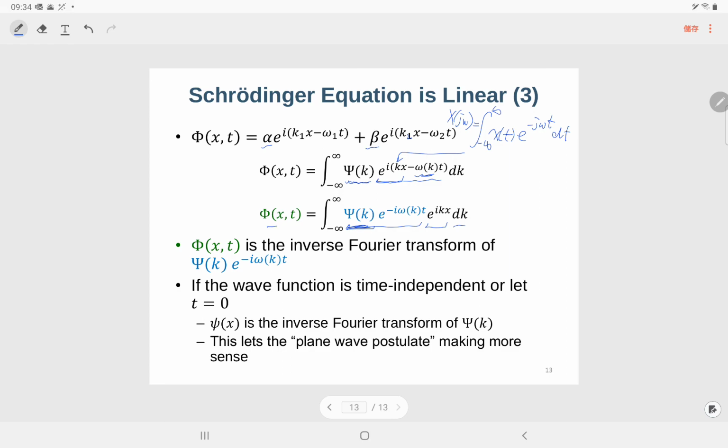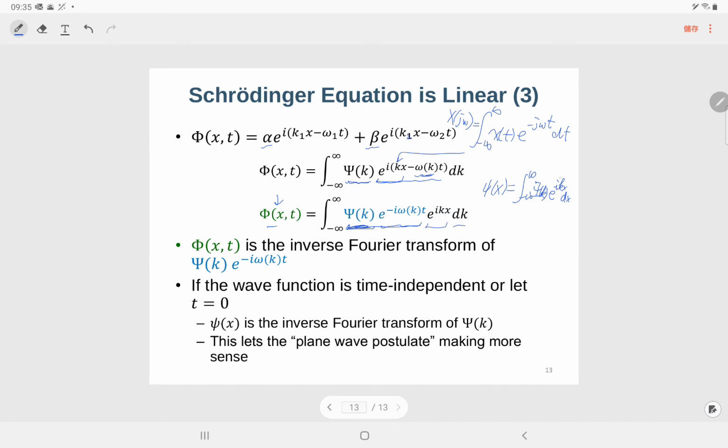So you can also assume that this is time independent, so that you can isolate this exponential to i omega t, and then you can just cancel that one. So you can see a clear picture like phi x is nothing but this phi k exponential to ikx dk.